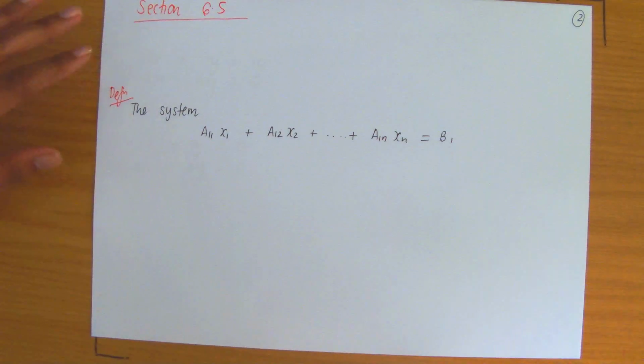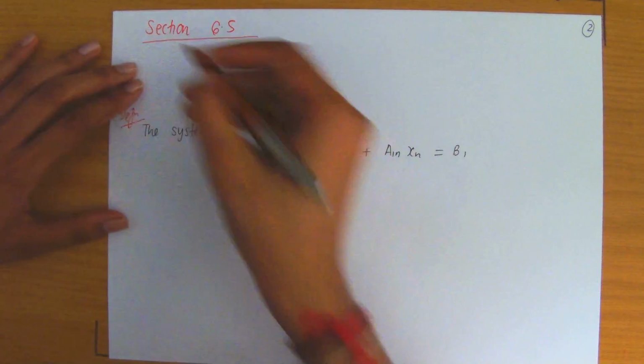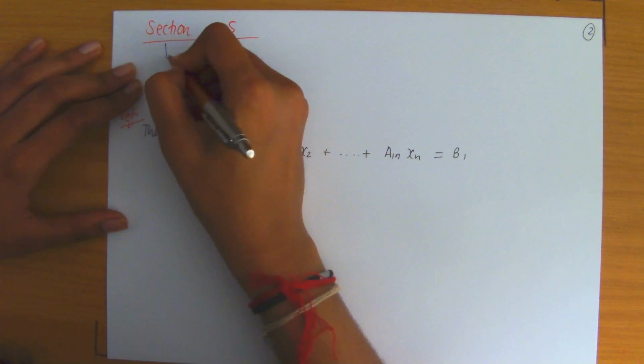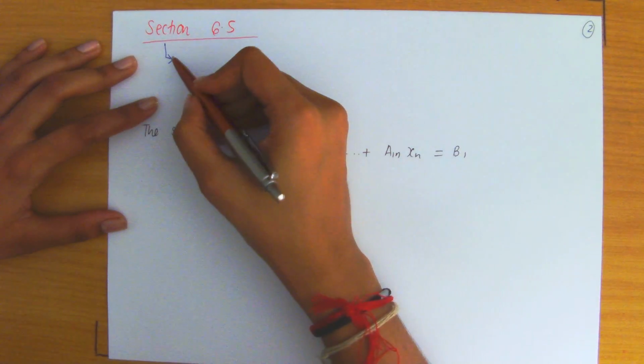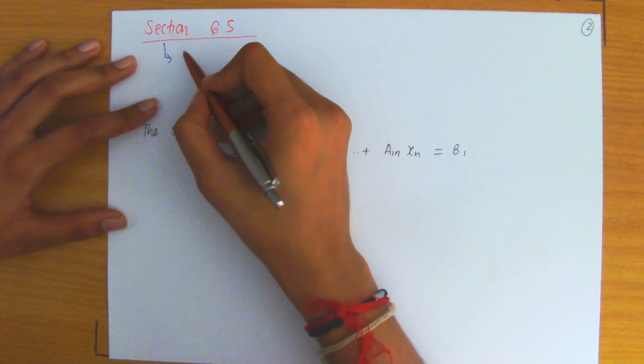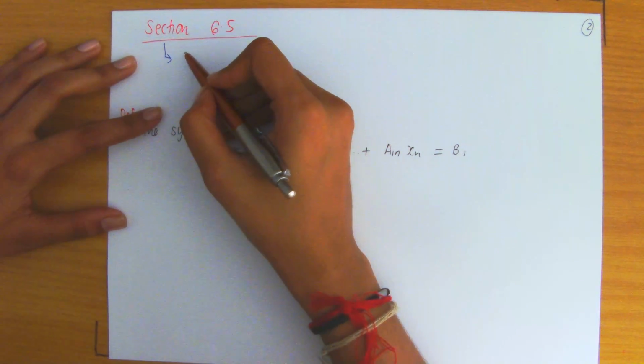Right, so now we're going on to section 6.5. So far what we have done is, given a system of equations, you were required to solve it using the method of reduction.